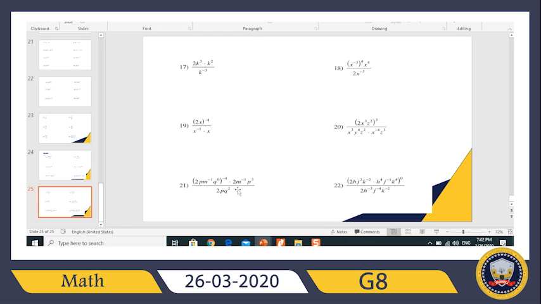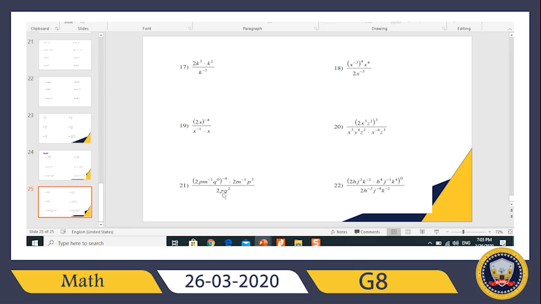In multiplying I add: negative 4 plus 3 is negative 1. Then I have p in the divide, so p power negative 1 divided by p power 1. Negative 1 minus 1 gives me negative 2. So the answer first is 2 power negative 4 p power negative 2.